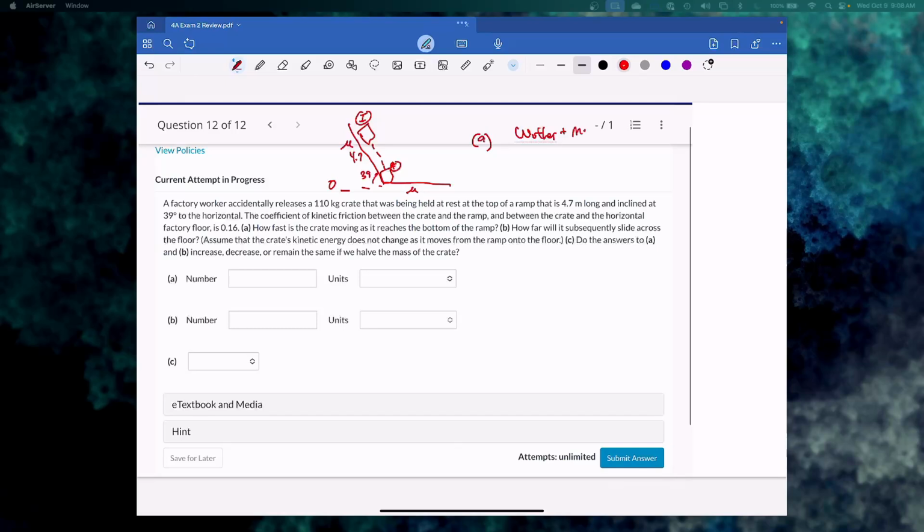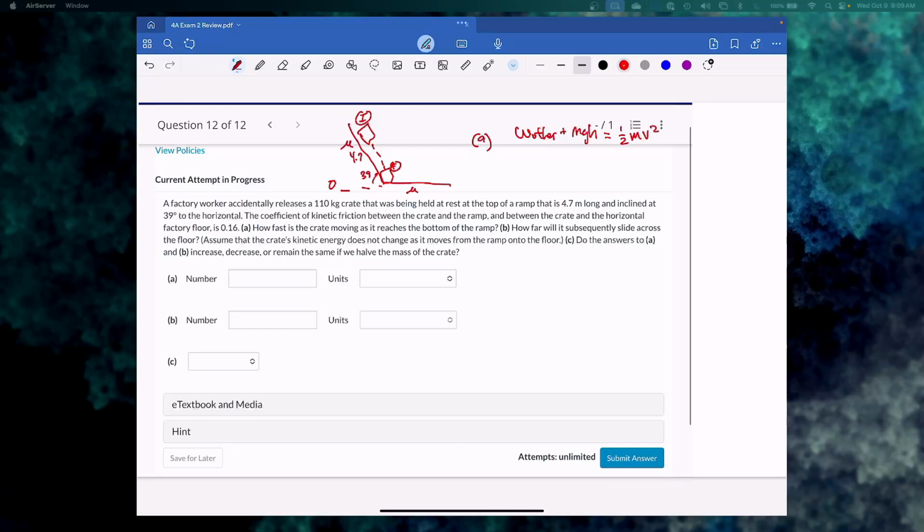Got potential energy, but not moving, right? Starts at rest. And then at the bottom, what kind of energies does it have? Does it have potential at the bottom? No. Does it have kinetic at the bottom? Yes. Okay. How fast is it going?